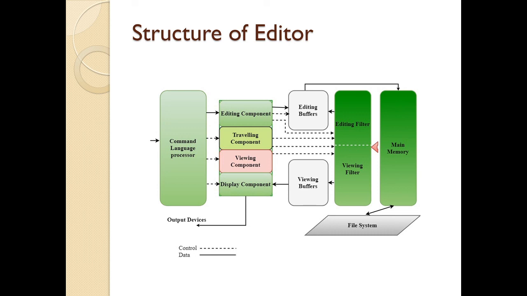Then the viewing component will give the input towards the viewing filter and viewing buffer, and send it towards the user in an output format. The lines shown in dotted format show the control on data, and the direct data is passed with the clear line.